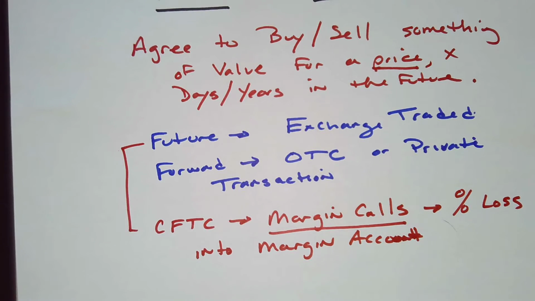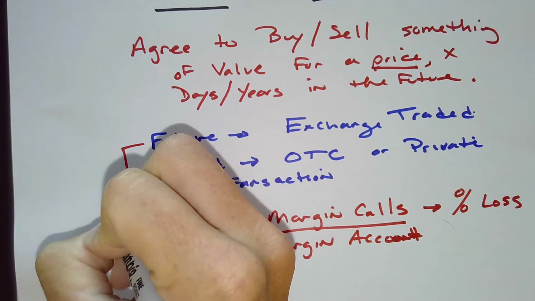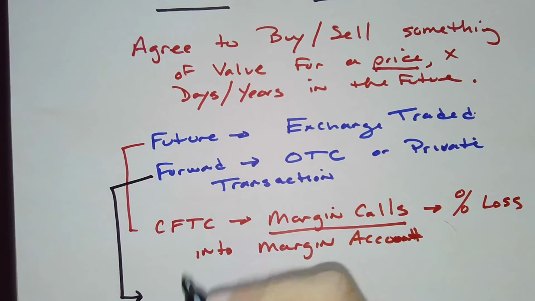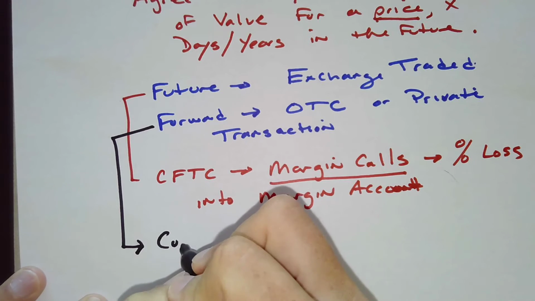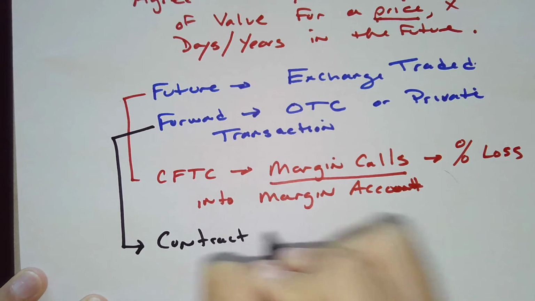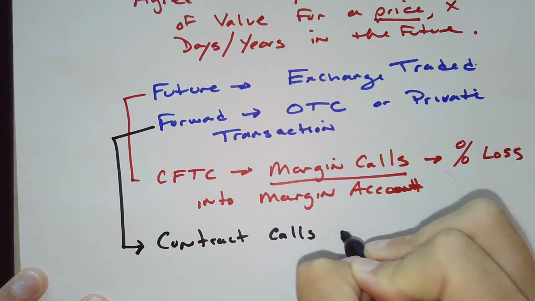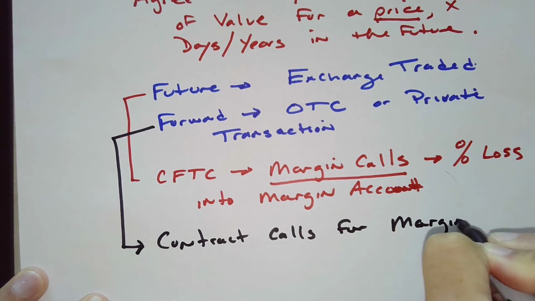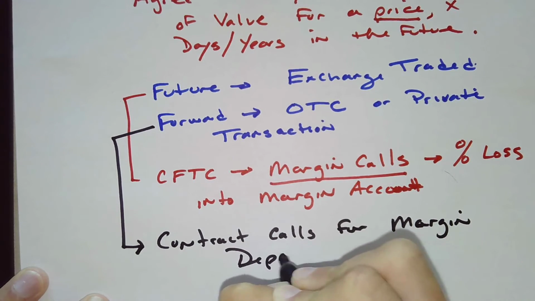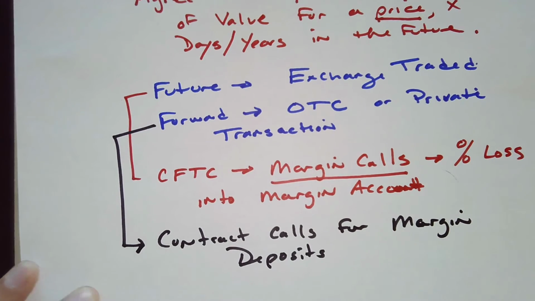With the forward contract, there is no such thing, unless the contract calls for margin deposits into some kind of a trust account or some kind of a restricted account.